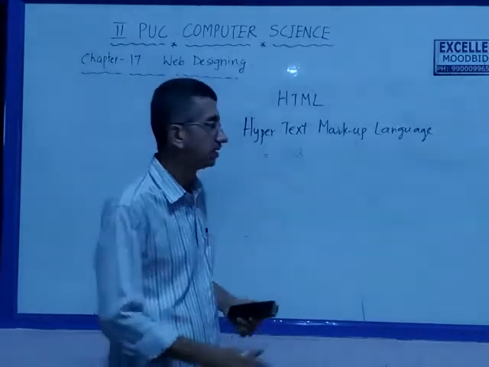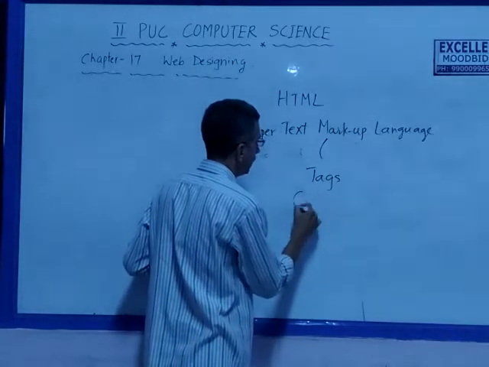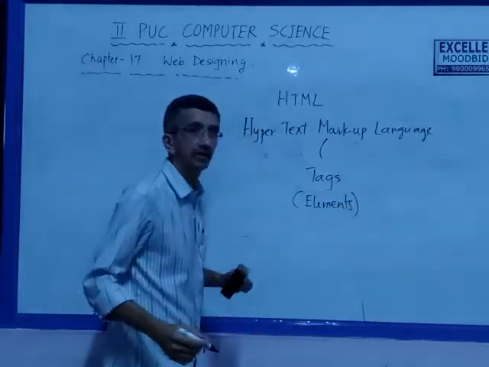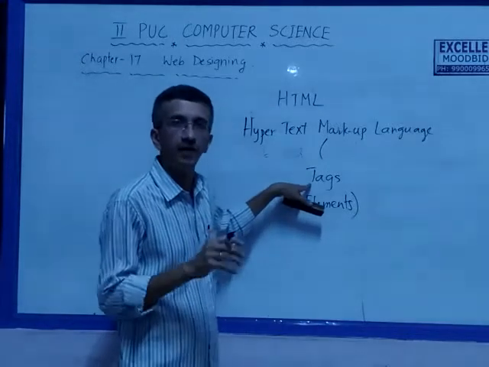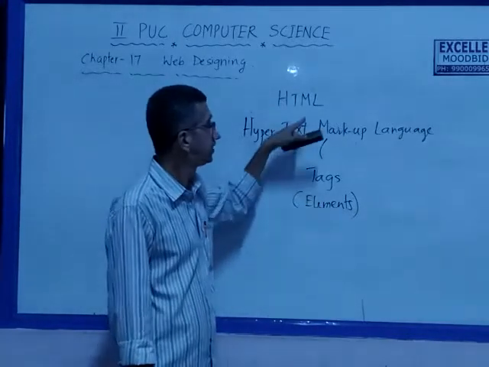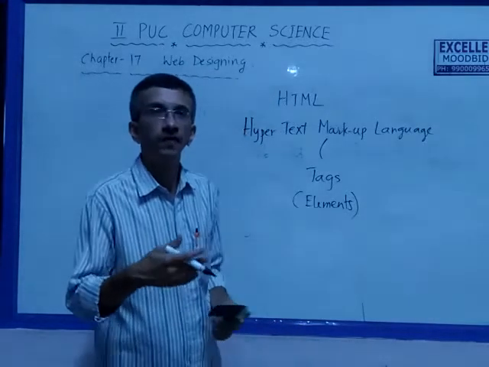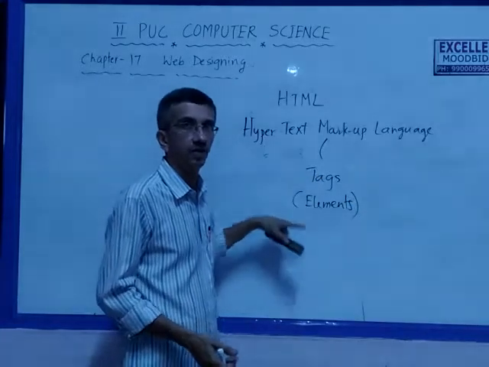The HTML tags or elements are just like the keywords in the language. All the tags have a definite meaning to the HTML interpreter.